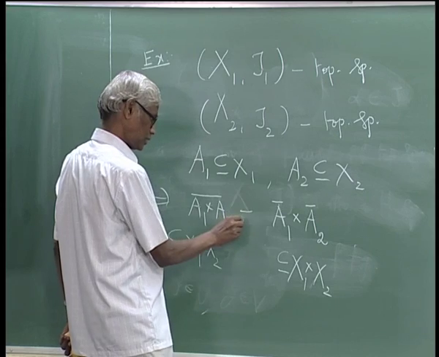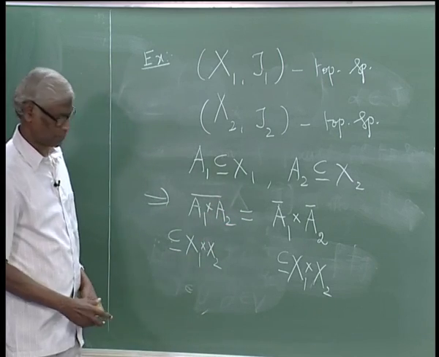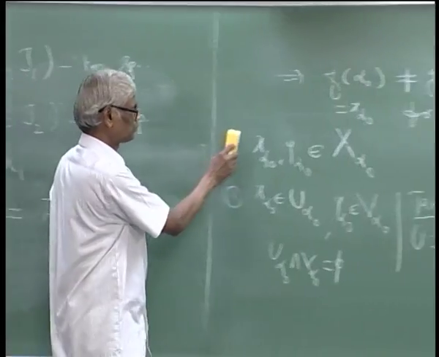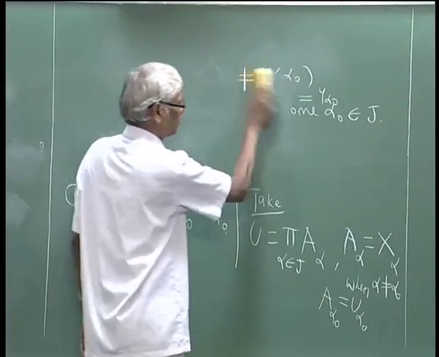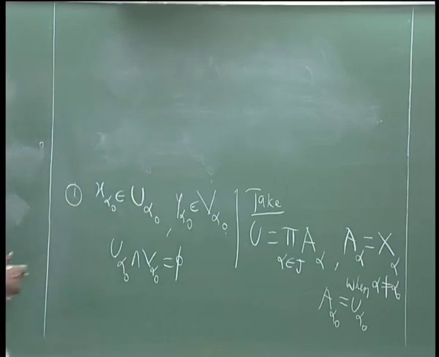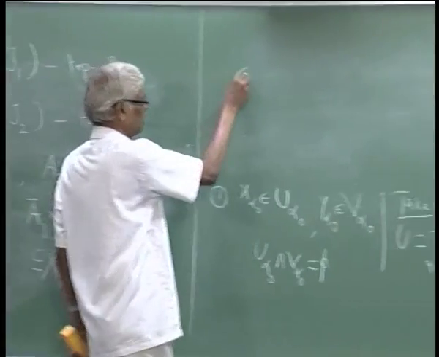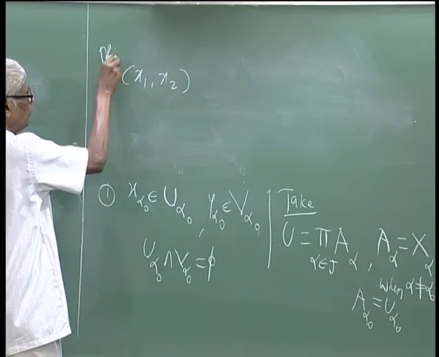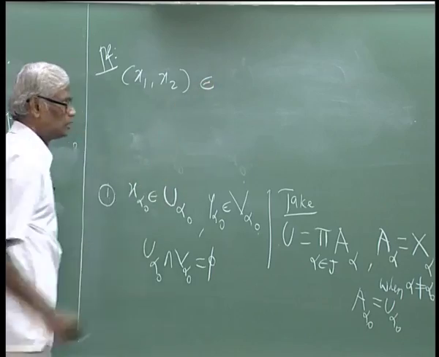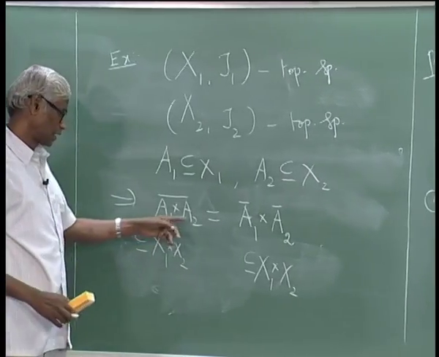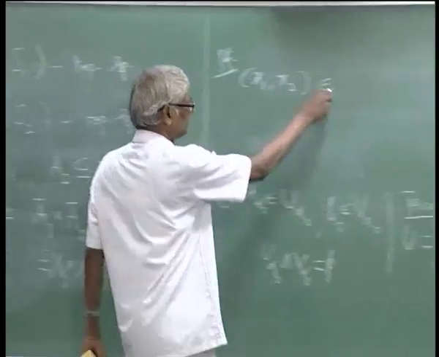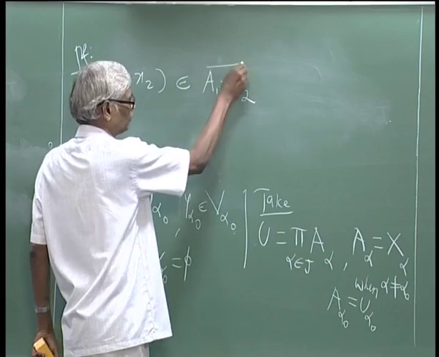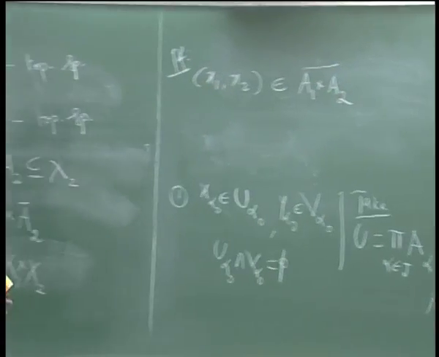So, we can prove that these two sets are the same. Just take an element, an ordered pair (x_1, x_2), belonging to the closure of A_1 cross A_2.